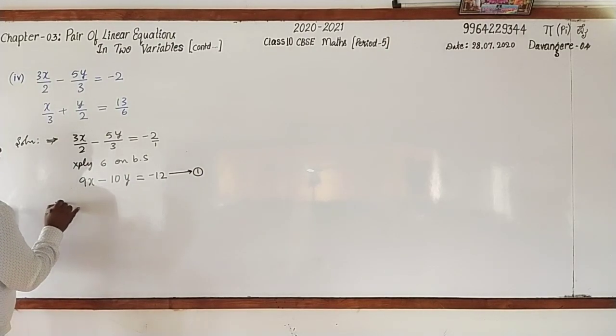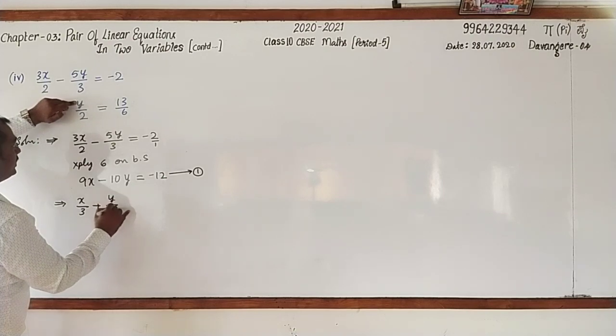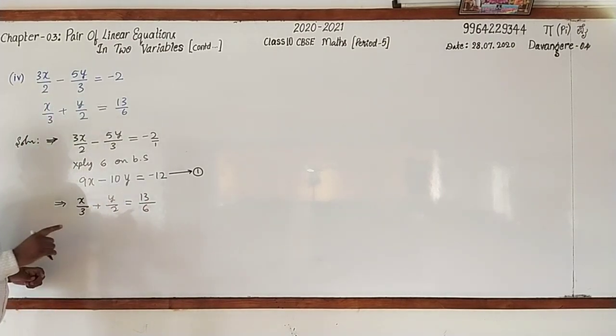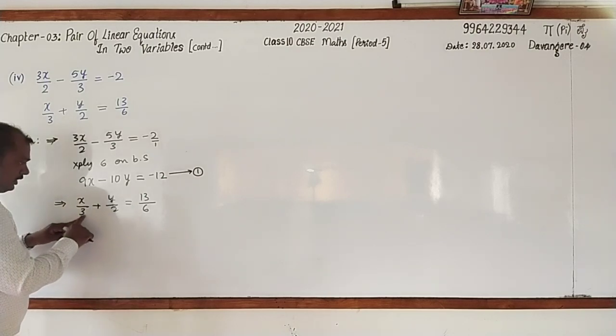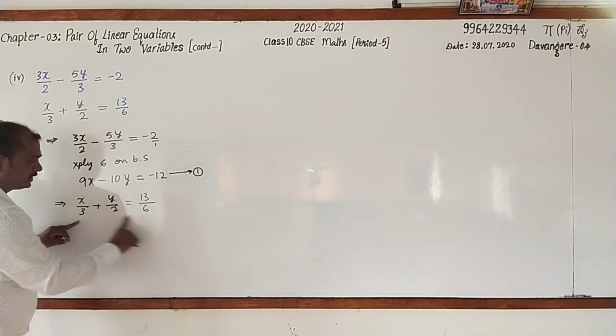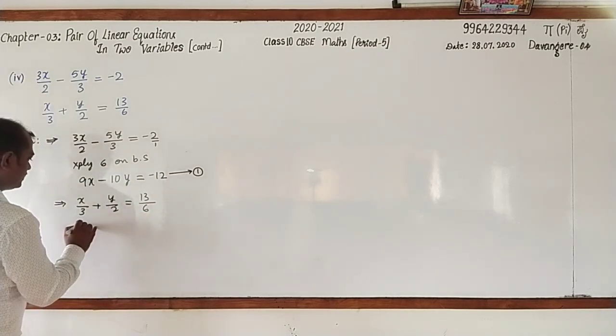Take another equation. This is x by 3 plus y by 2 equal to 13 by 6. Observe the denominator terms 3, 2 and 6. What is the LCM of all the three? It is 6 only.